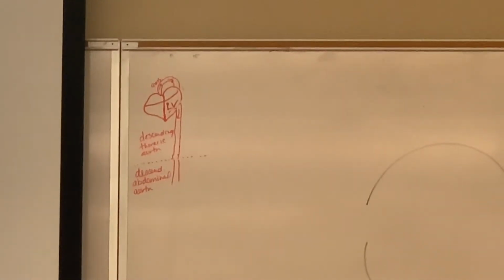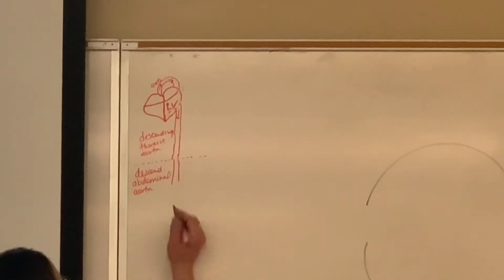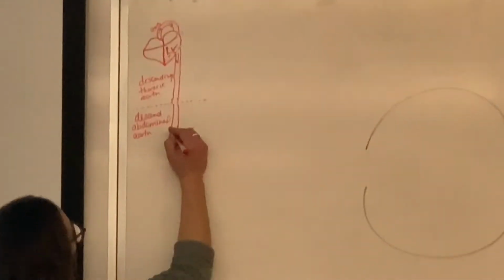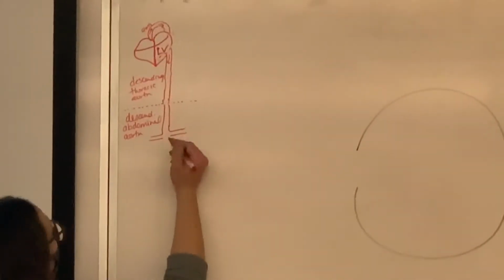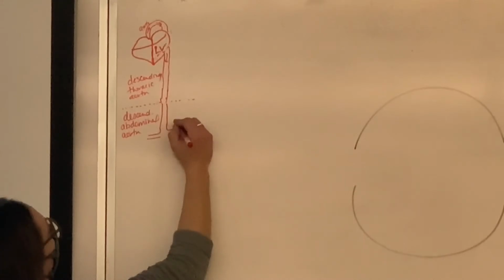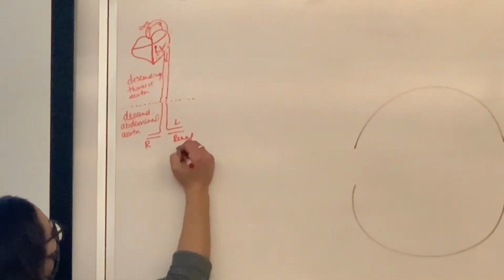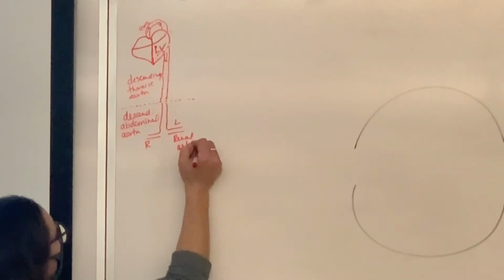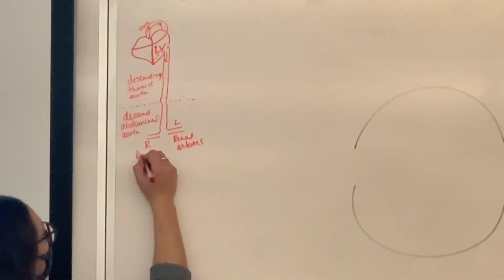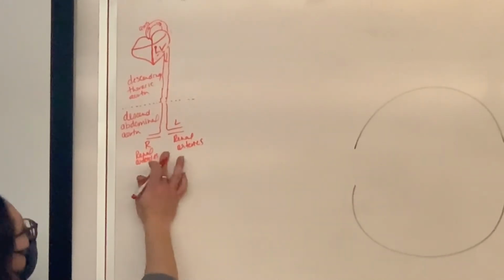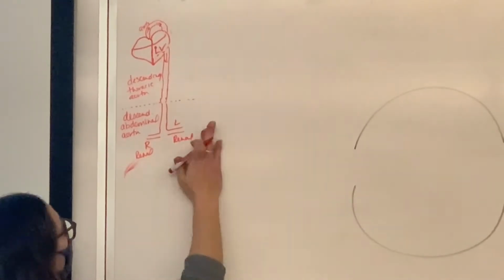Now, coming off of the descending abdominal aorta, you've got your left and right renal arteries. And that's how you get blood into your right and left kidneys.